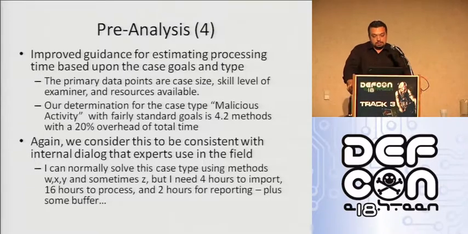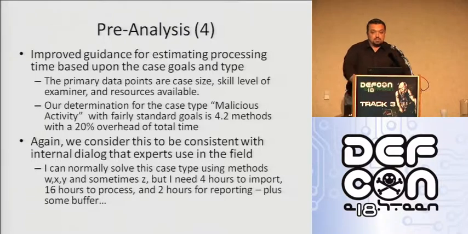And then I think the determination for the case type, if we have a malicious activity, standard goals, let's say four to two methods that we need to use, and then the analyst says I'll need about 20% time to produce this type of case, then we can generate an SPI index that will basically help the analyst know how valuable it is or how much time and effort it's going to take to produce this goal.